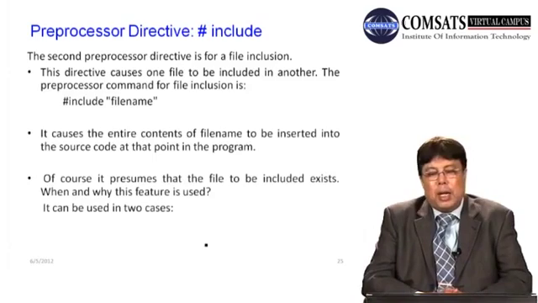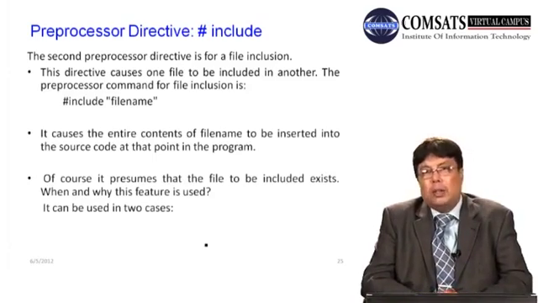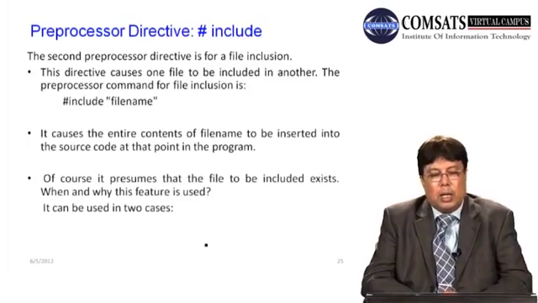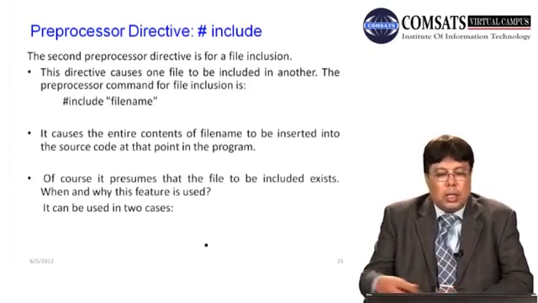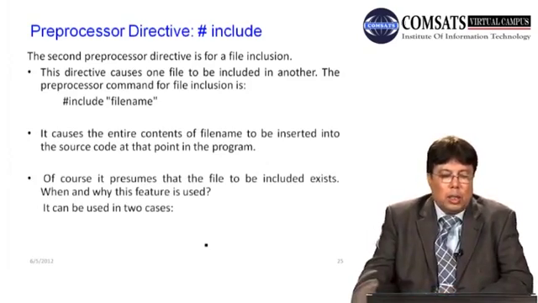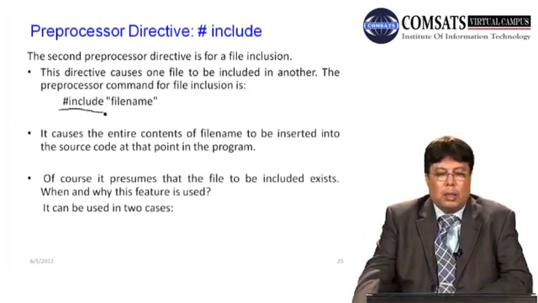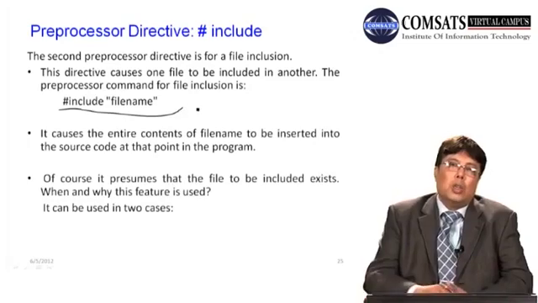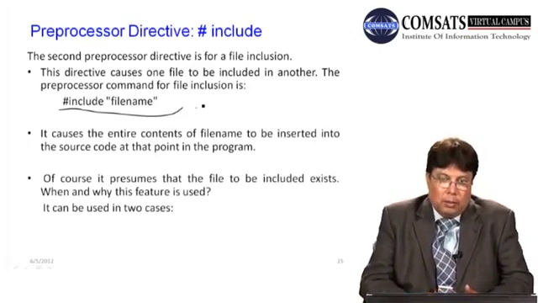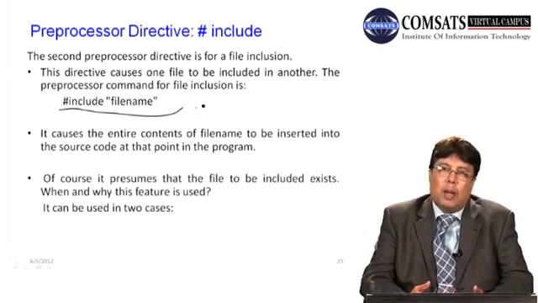The second preprocessor directive is for a file inclusion. The directive causes one file to be included in another. The preprocessor command for file inclusion is include. Okay, so you are writing a file, means जब आप एक source को टाइप कर रहे होते हैं, you are creating a file.